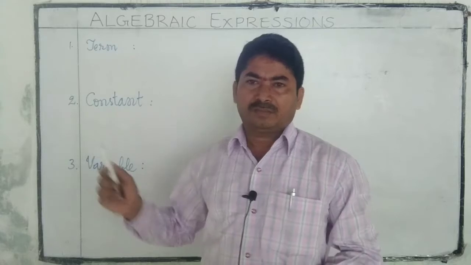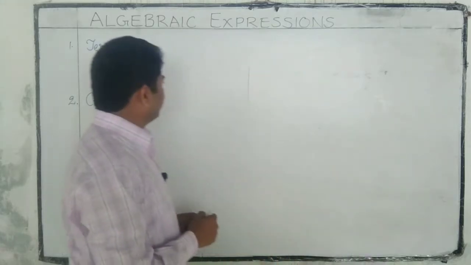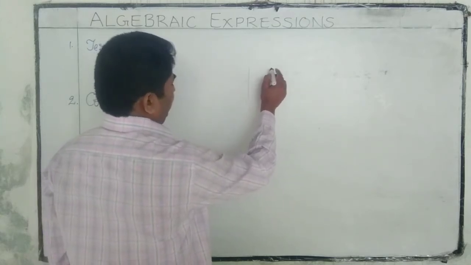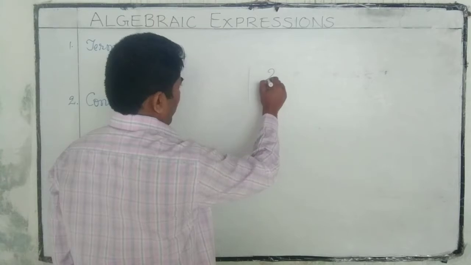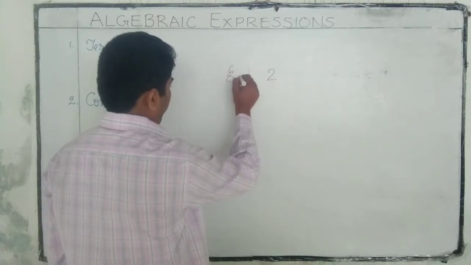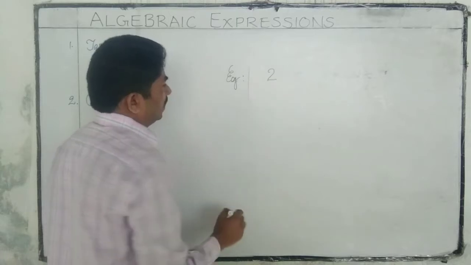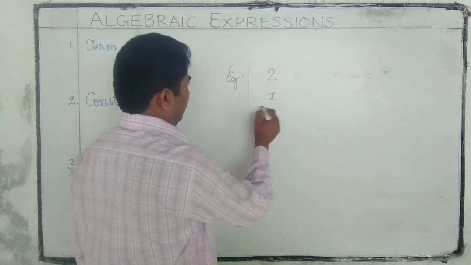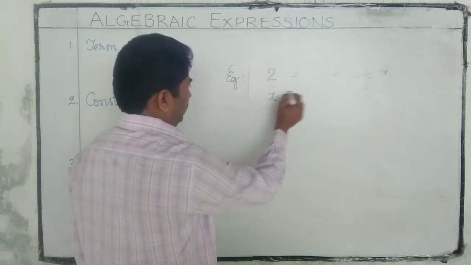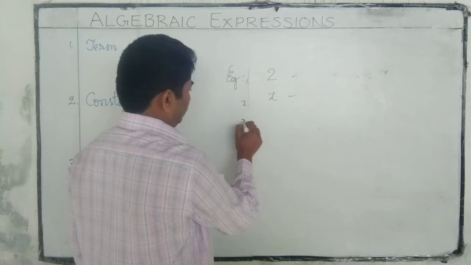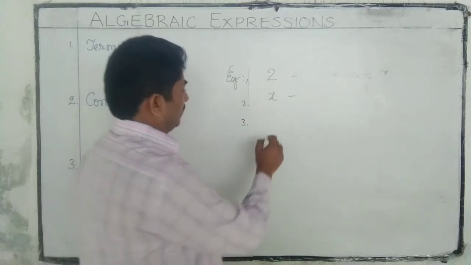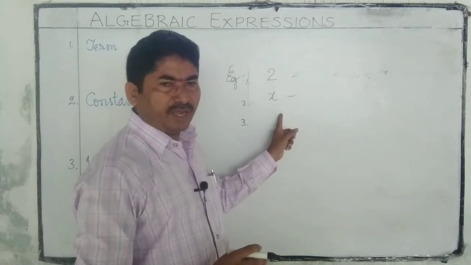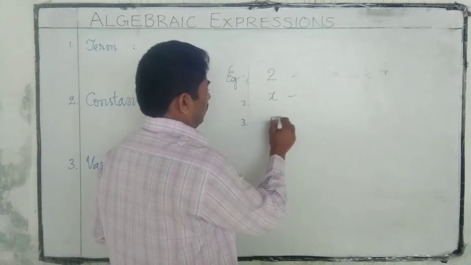To understand this, let us observe few examples. A constant. This is a constant. A variable. This is a variable. This is also term. Product of a constant and a variable. 5y.